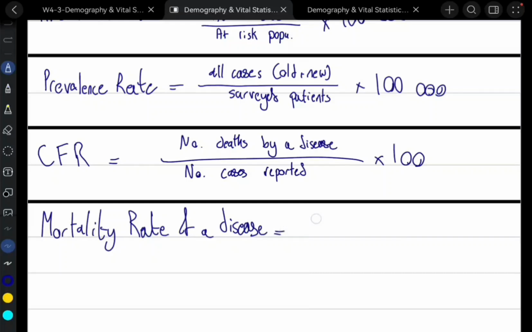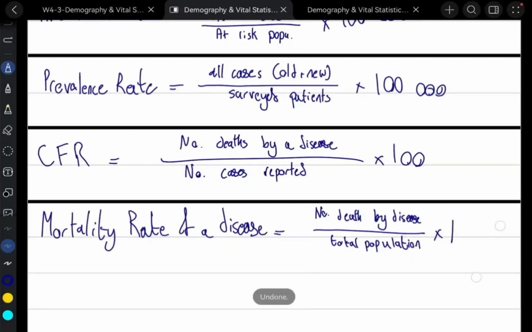So it's going to be number of deaths by disease over total population times 100,000. Hold on, that does not look like a good 100. Okay.